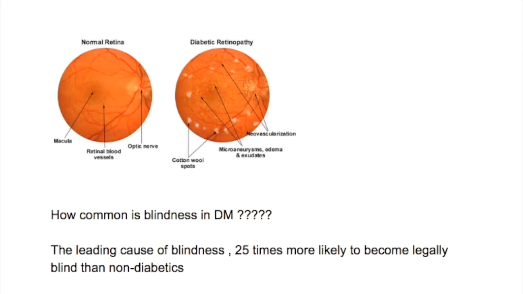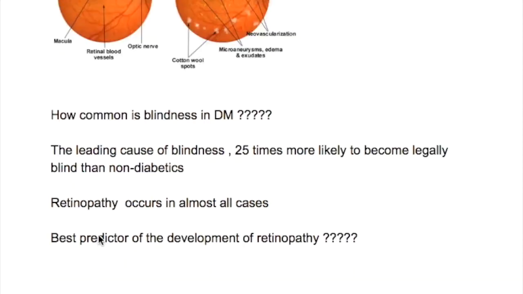Diabetic retinopathy. How common is blindness in diabetes? Diabetes is the leading cause of blindness, and it's about 25 times more common in diabetics than in non-diabetics. So the legally blind are 25 times more in diabetics, and retinopathy occurs in almost all cases.